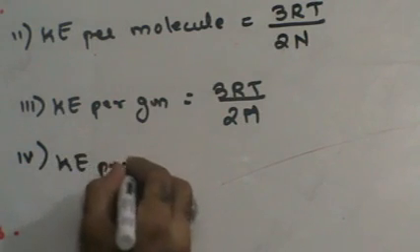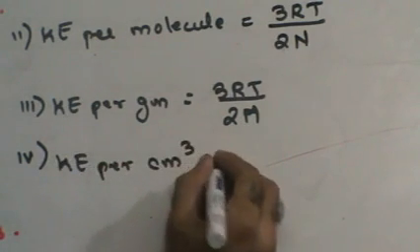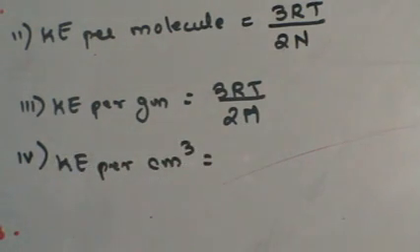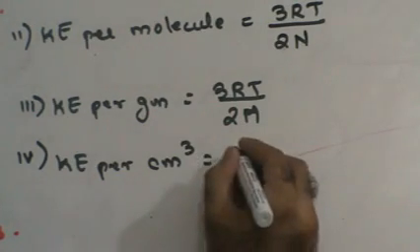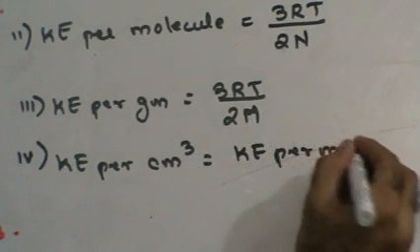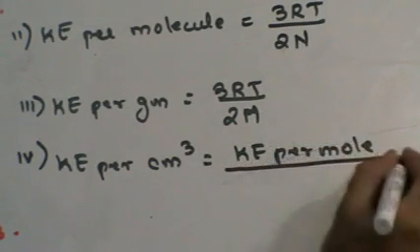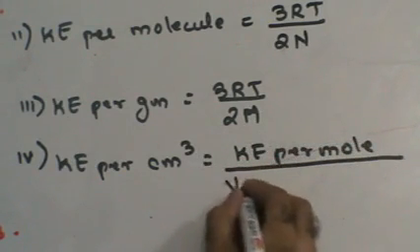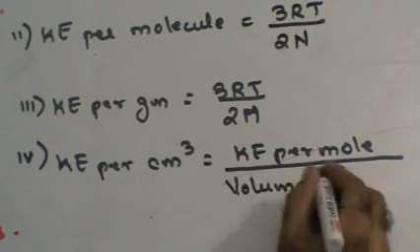Kinetic energy per centimeter cube is nothing but kinetic energy per mole divided by volume of 1 mole.